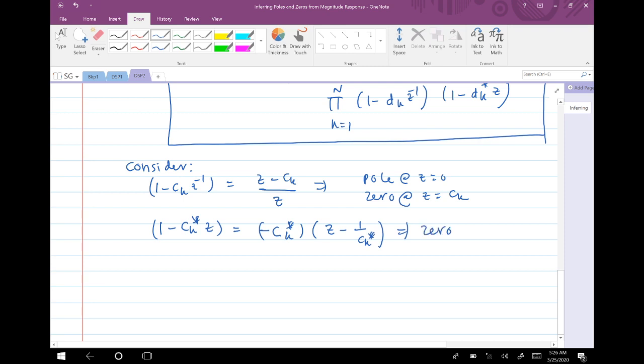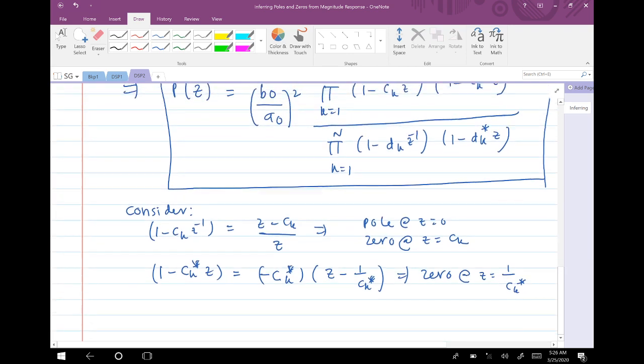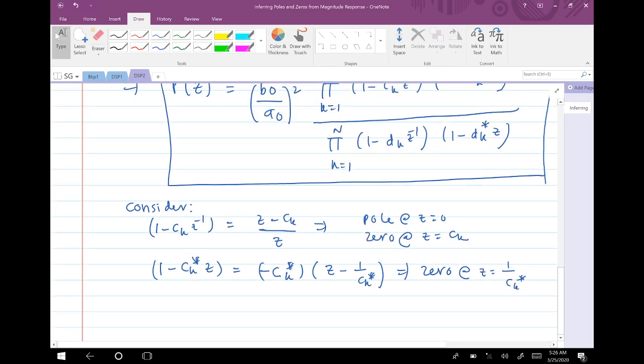This being the root in the numerator, it has a zero at z equal to 1 by ck conjugate. Anyway, in the first term, 1 minus ck into z to the power minus 1, we are not interested in poles or zeros. It is not our focus for poles and zeros of z equal to 0.